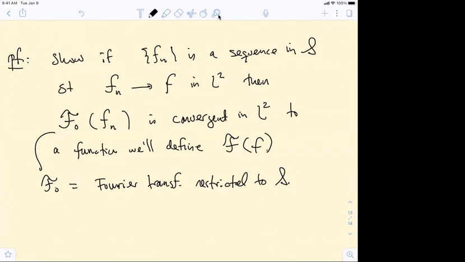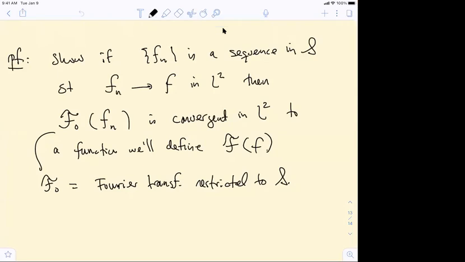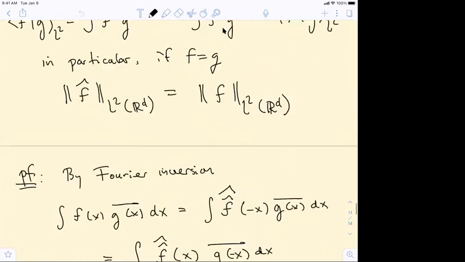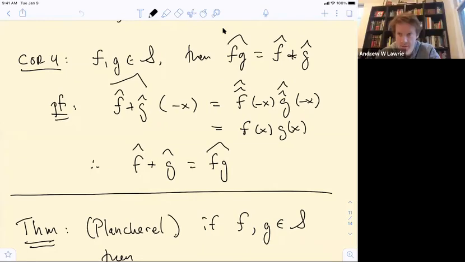Professor, may I ask a question? Yes. You showed that there is a nice property related to the Schwartz space: we can take the Fourier transform and come back to the original function. But we also said that we can take any function from L1 and perform the Fourier transform, right? Yes.